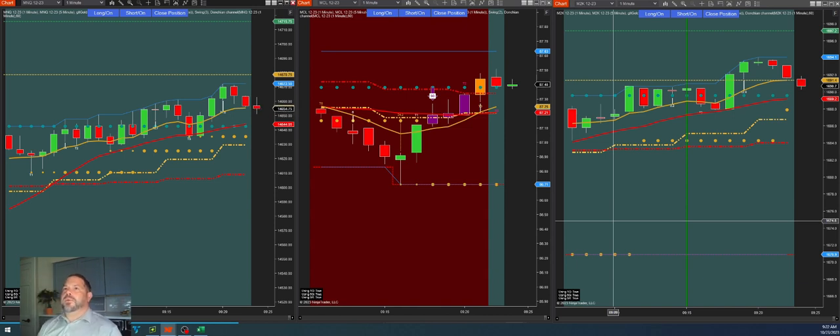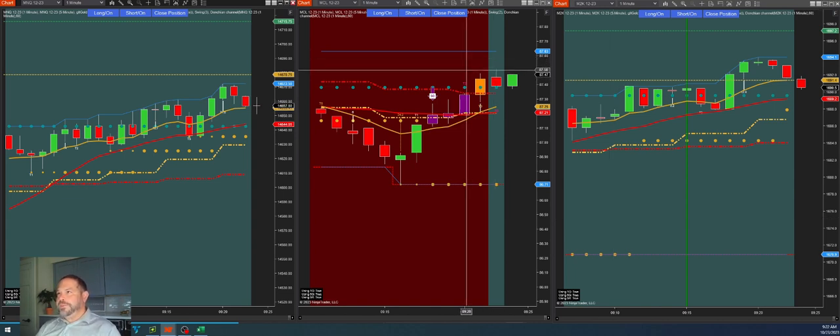So I don't want to butcher it by saying something wrong, but I'm pretty sure that this is true. Once you get into a higher high scenario, the chart will start to change colors, where you're starting to, I guess, get into an uptrend.